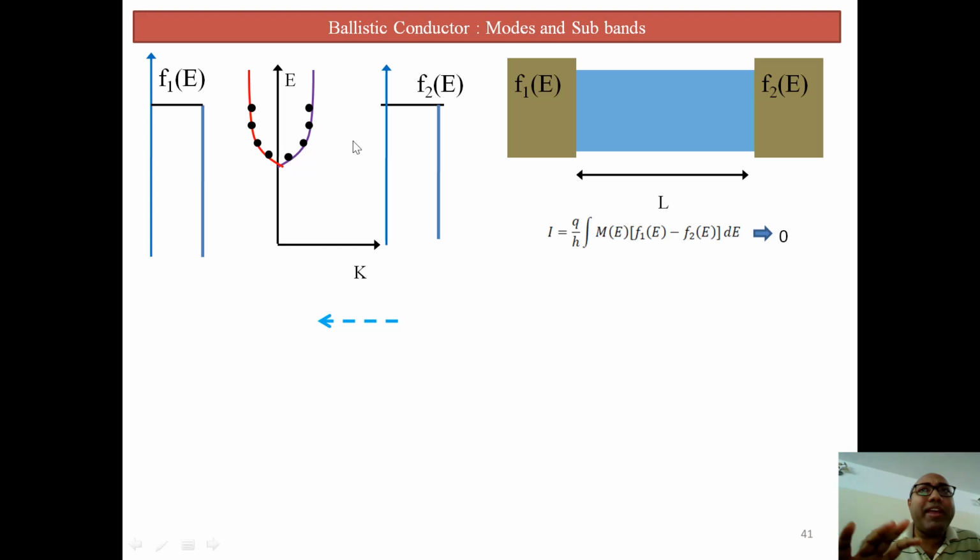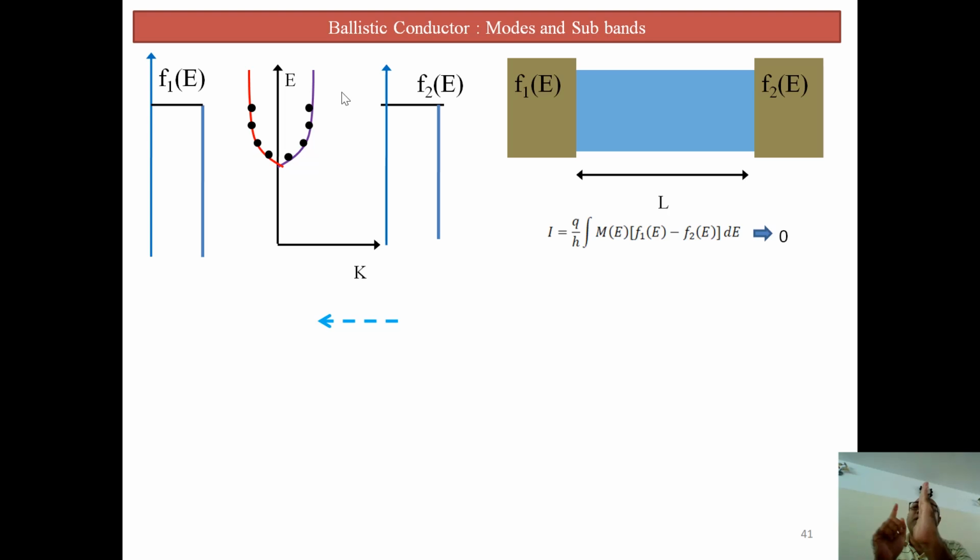So 4 and 4 make 8 electrons, but both are in equilibrium. If you don't apply any voltage, you should not get any current. As I told you, you have a plane of observation, with electrons crossing this plane from one side and from the other side.